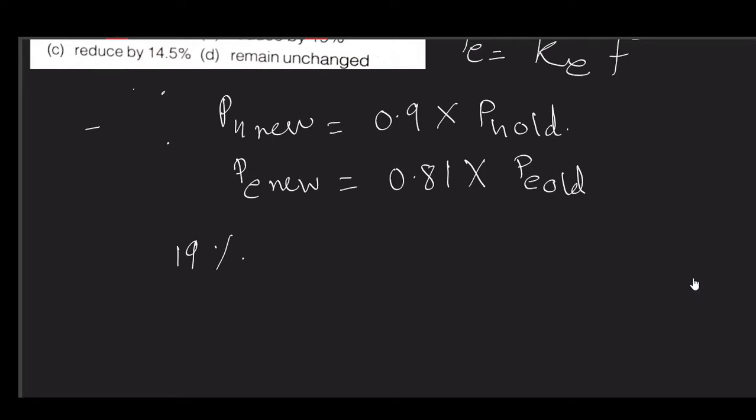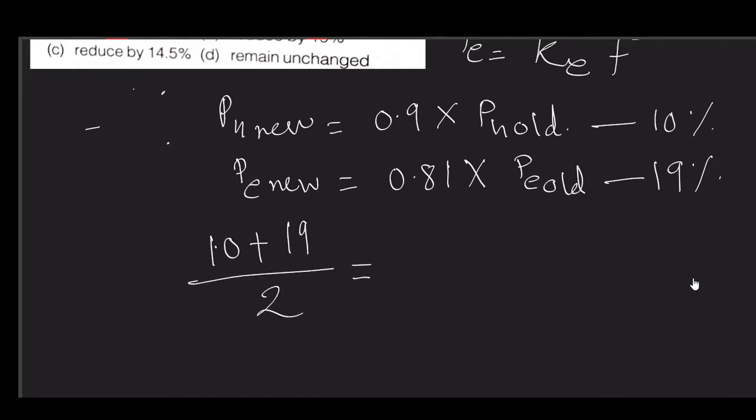But what about the average reduction? Average reduction, if you consider, here this one is reduced by 10%, this one is reduced by 19%. So average reduction is (10 plus 19) by 2, that is 14.5%, right? So loss will be reduced by 14.5%.